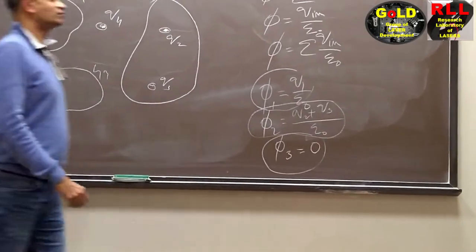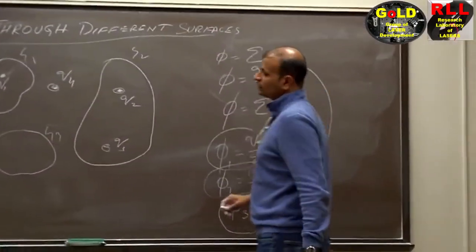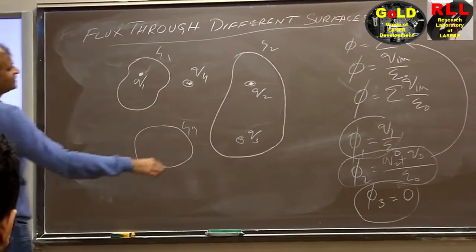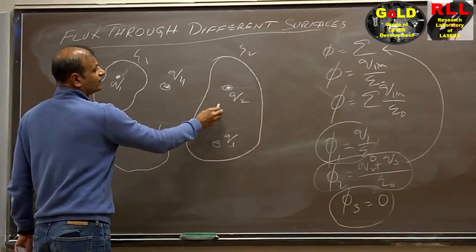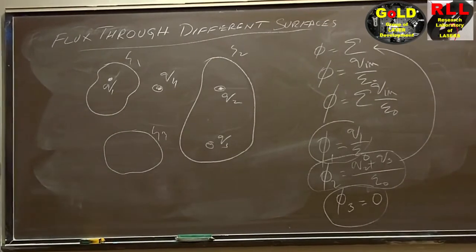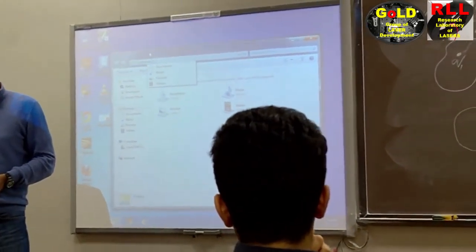So this summation we apply here. There can be two, three, or four charges. If the charges are inside, they will satisfy. If the charges are outside, they will not.